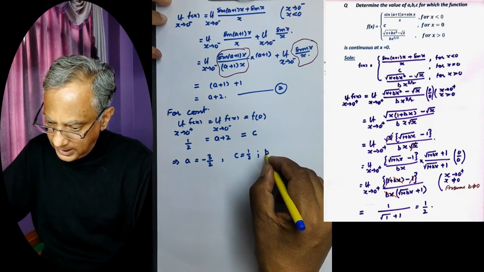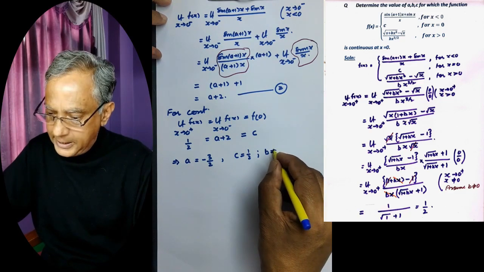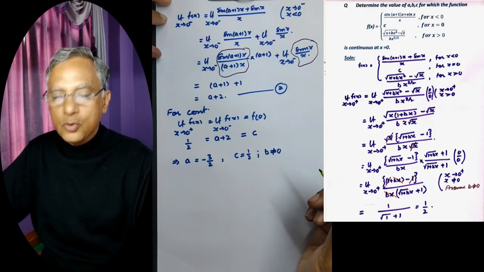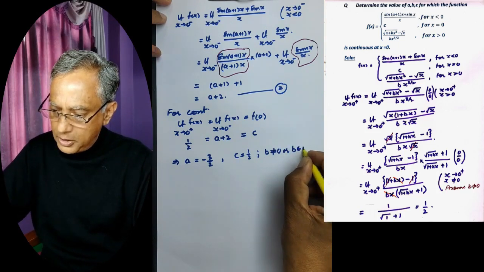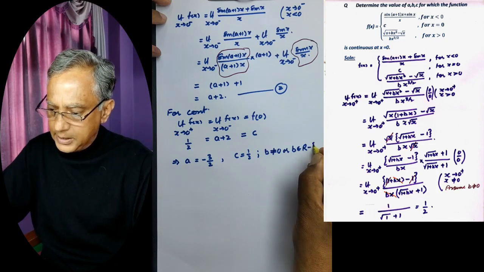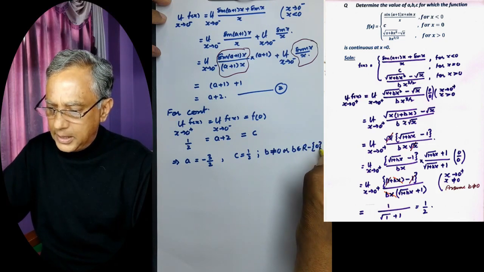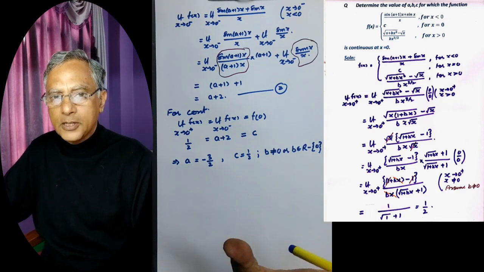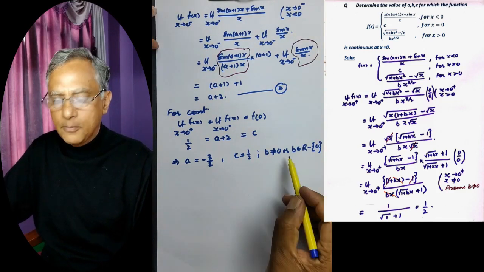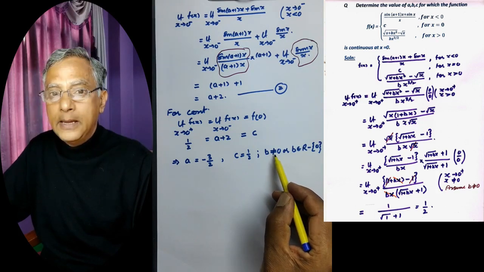So here in the answer we must write b is not equal to 0, or we can say b belongs to R. B can be any real number except 0. B can have any value, the function will be continuous for that value, but that value must be non-zero.